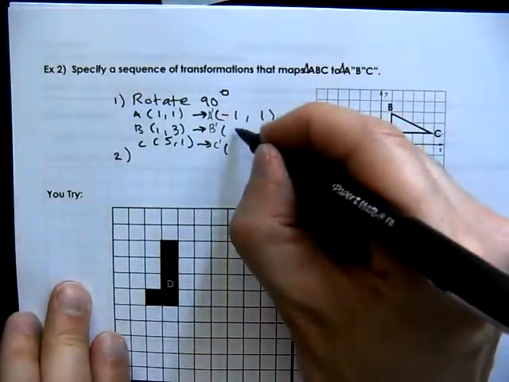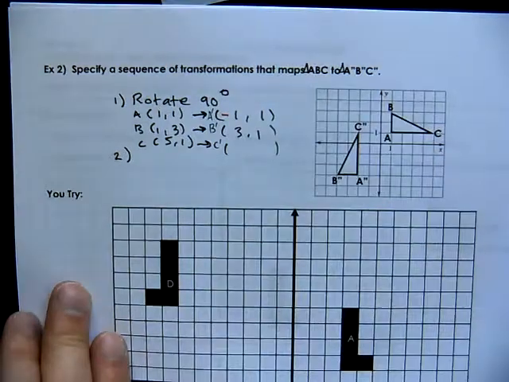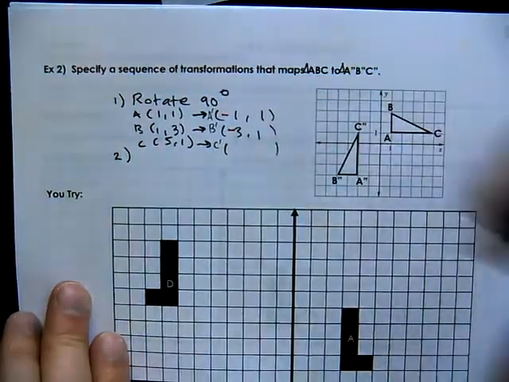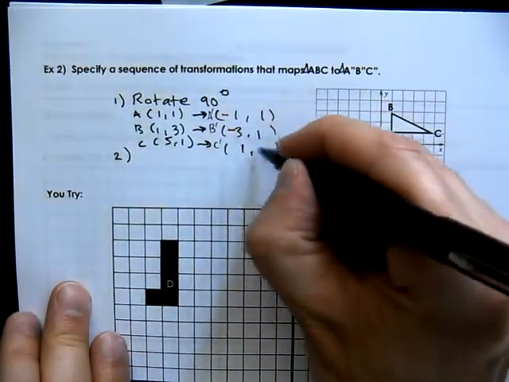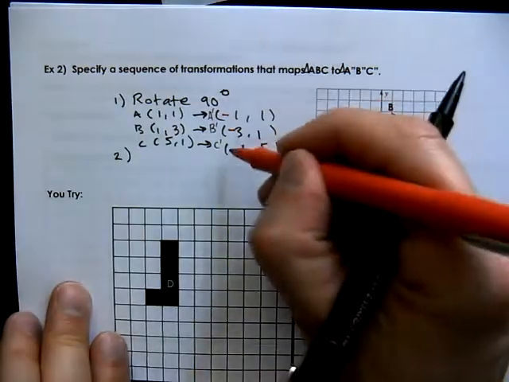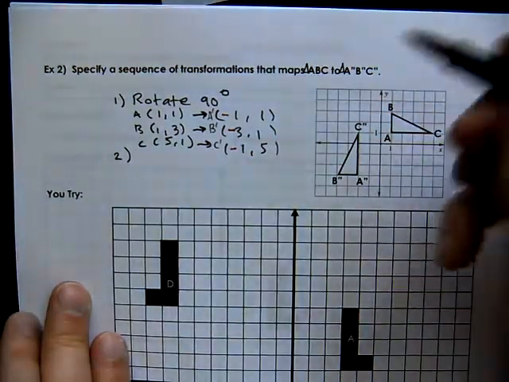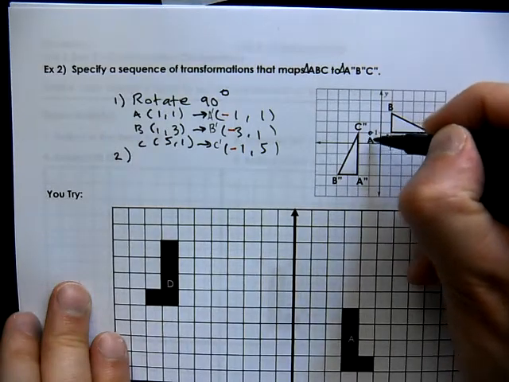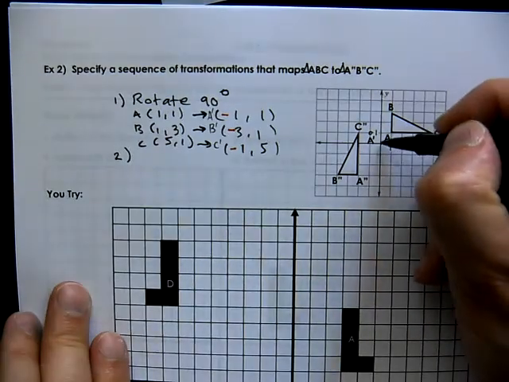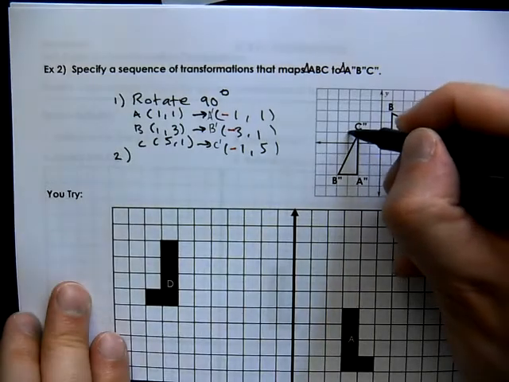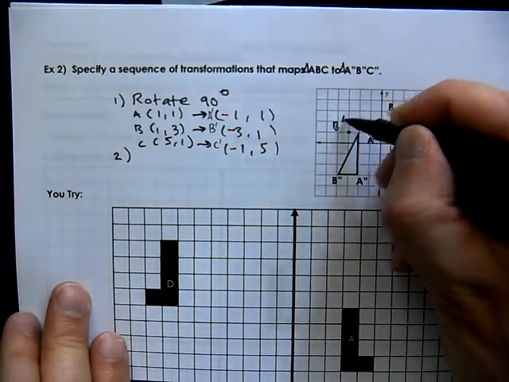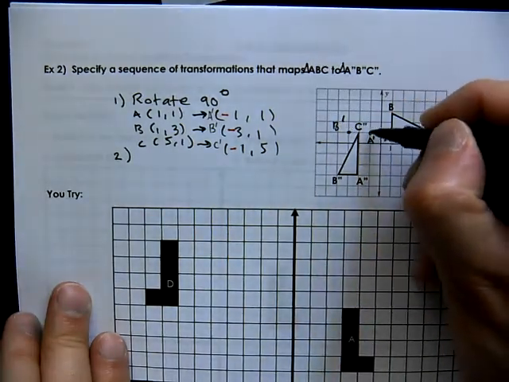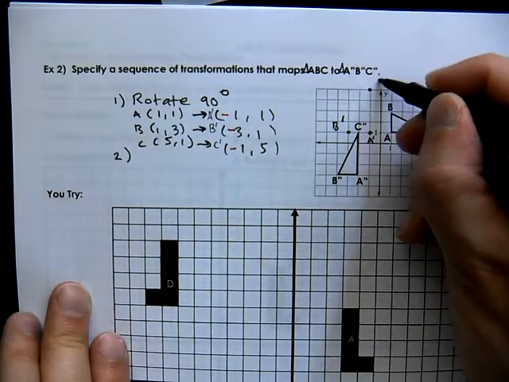For B prime, switch the numbers around, change the sign in front. And lastly, switch the numbers around, change the sign in front. Let's plot those points. So A prime is at negative 1, 1. B prime is at negative 3, 1. And C prime is at negative 1, 5.